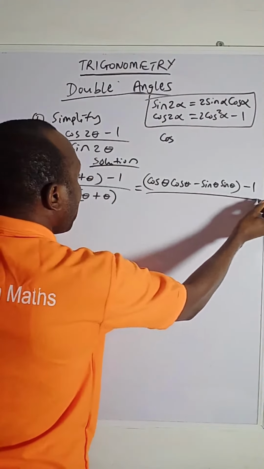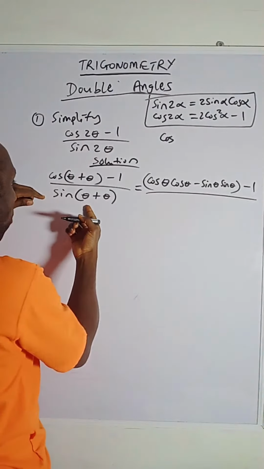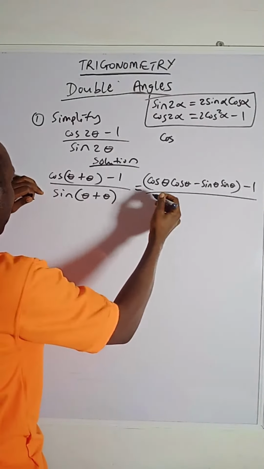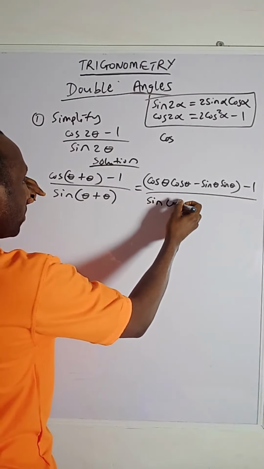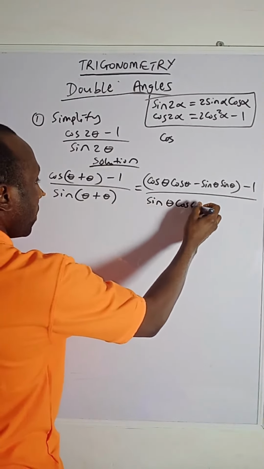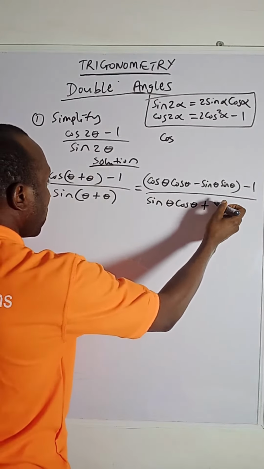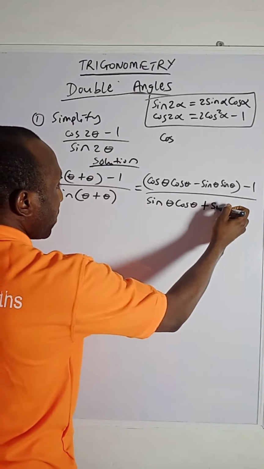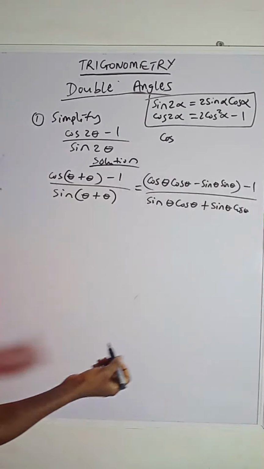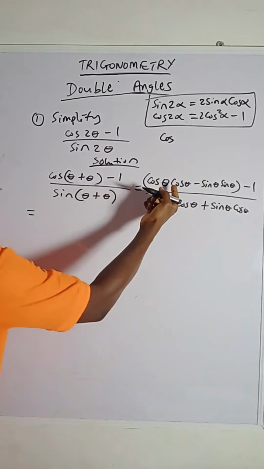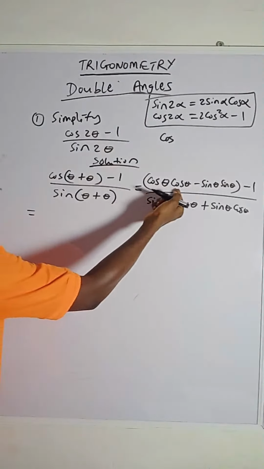Okay, all divided by, let's come here now. This is going to be what? Sine theta cos theta plus sine theta again, cos theta. Yeah, that's it for that. Then, though I've done this before, you might be required to.